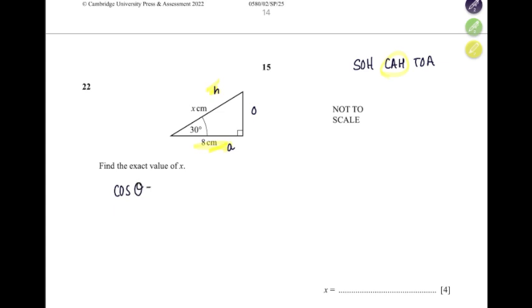Cos theta equals adjacent over hypotenuse. Theta is 30. Cos 30 equals 8 divided by x. X equals 8 over cos 30.